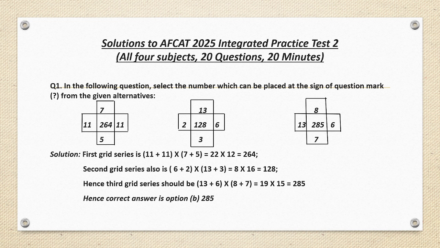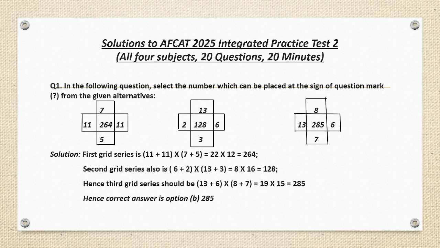The opposite cell numbers are being added up and these sums are being multiplied. So in the very first grid, opposite cells 11 plus 11 and vertical opposite cell 7 plus 5. So 22 into 12 is 264.